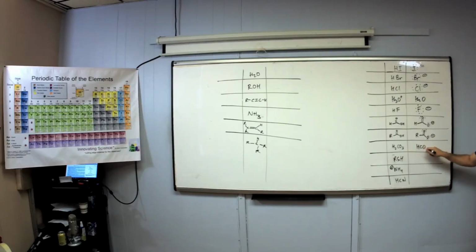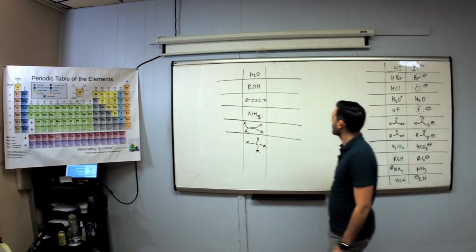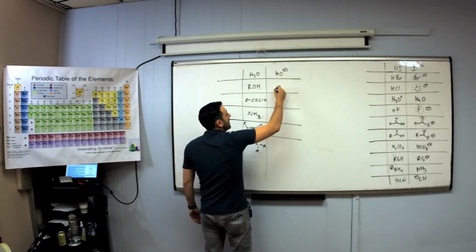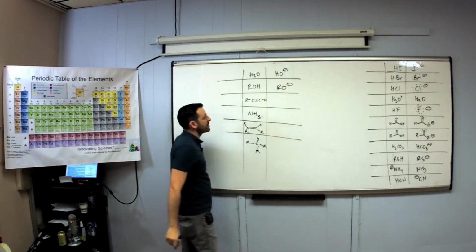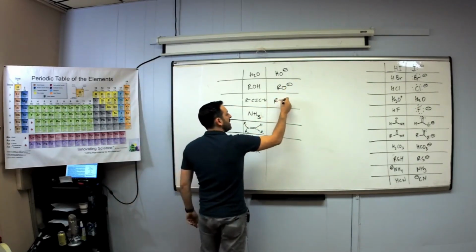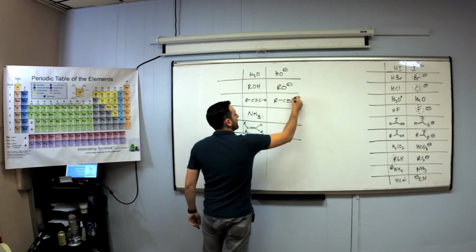H2CO3, that's HCO3 minus. RSH is RS minus. NH4 plus, NH3, thank you. HCN, CN minus. H2O, OH minus. ROH, RO minus. The alkyne is going to give me an alkyne anion.